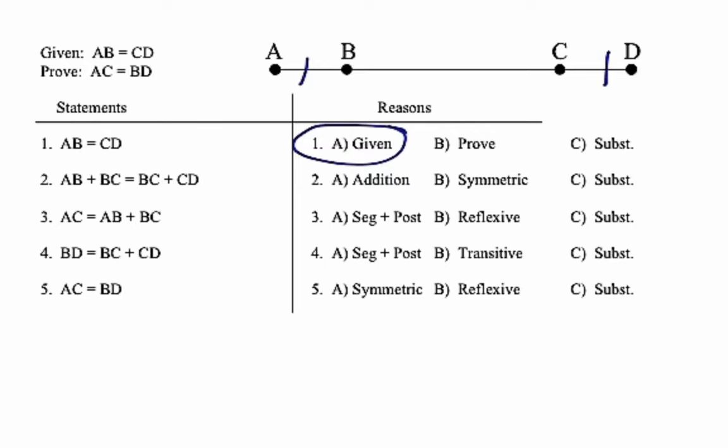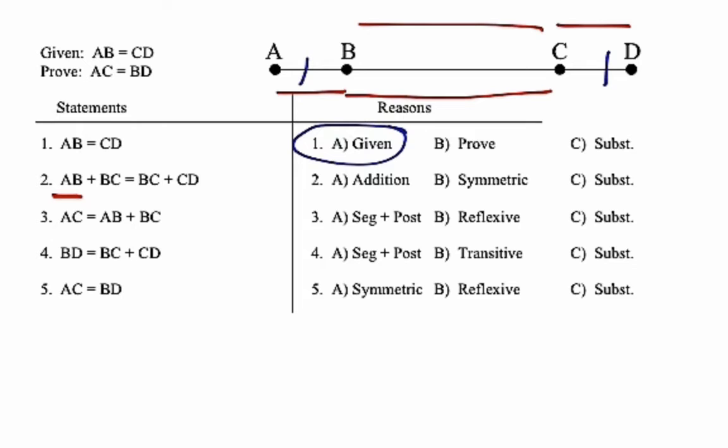The next statement says that AB plus BC is equal to BC plus CD. Now that may look like the segment addition postulate, but it never actually said that it was equal to the whole thing, AC. So I've got to figure out what's actually happening in step number 2.